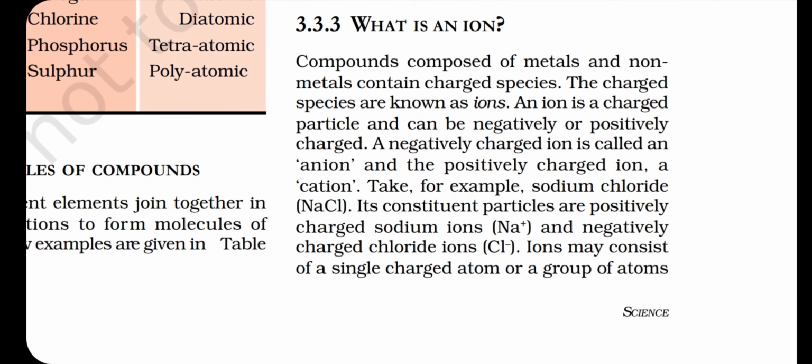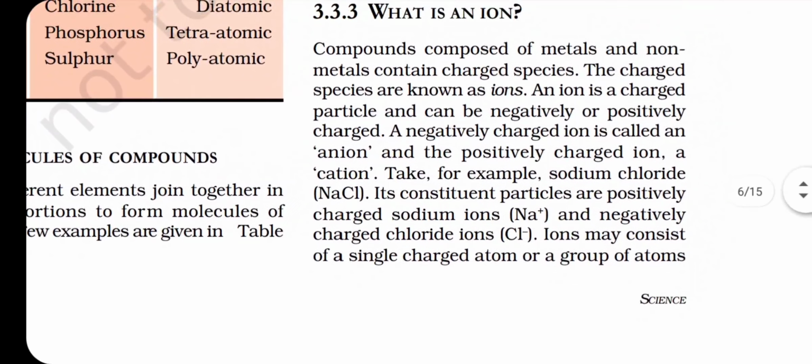Ions may consist of the charge of a single atom or a group of atoms. Suppose I take the example of ammonium. Ammonium is NH4+. Okay, the plus here represents a group of atoms, that is, a group of nitrogen and hydrogen.